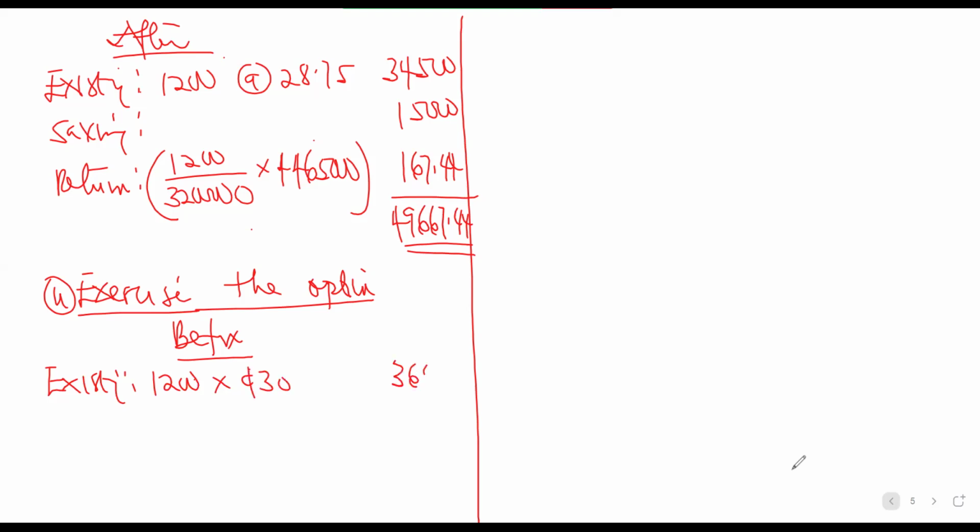That will still be 36,000. So the money in his savings account will be 15,000. That is before. This will now be 51,000.